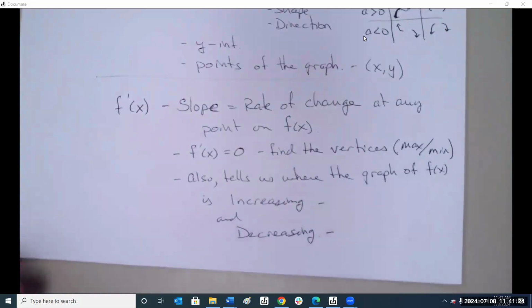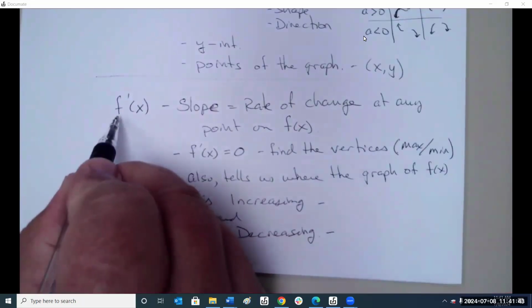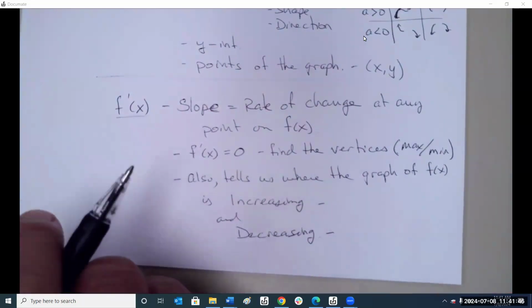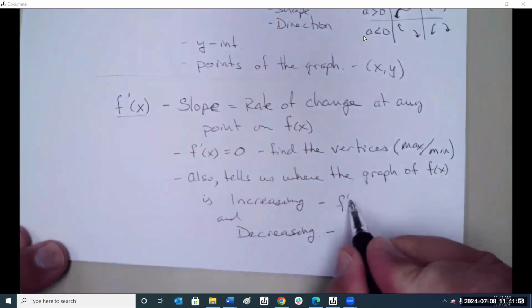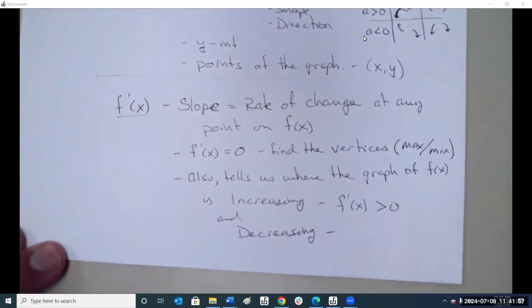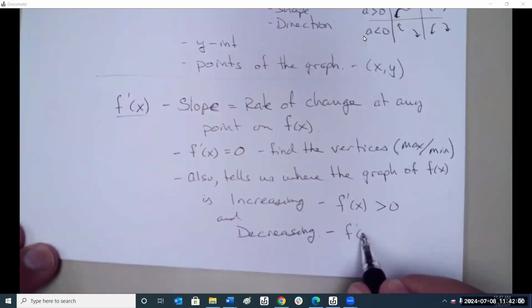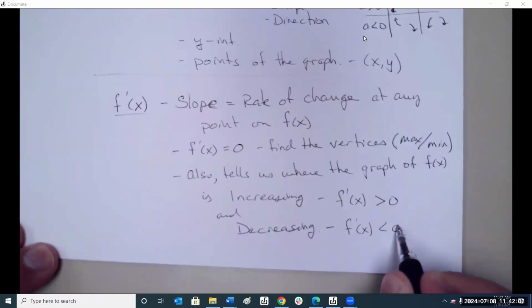So how do we know if it's increasing? Because remember, we're dealing with the slope. How do we know if the function is increasing? By looking at the slope. Positive or negative, yeah. So if the first derivative is positive, it's increasing. If the first derivative at some point x is negative, it's decreasing.